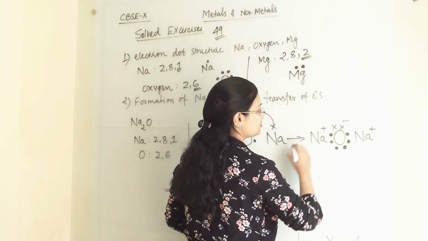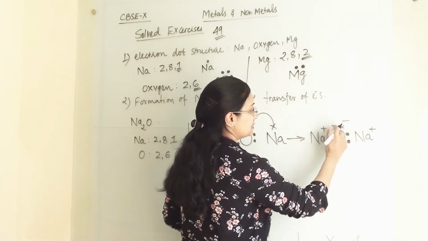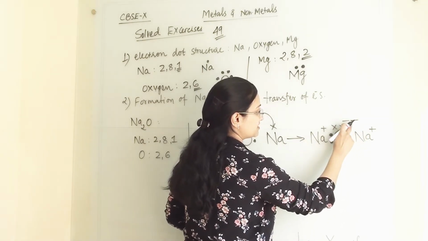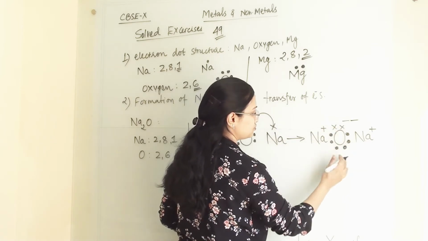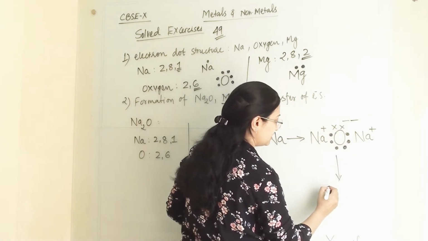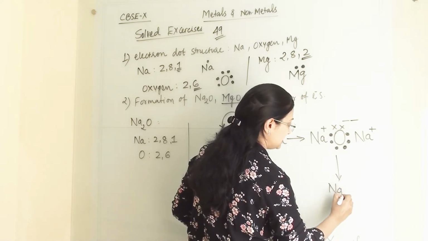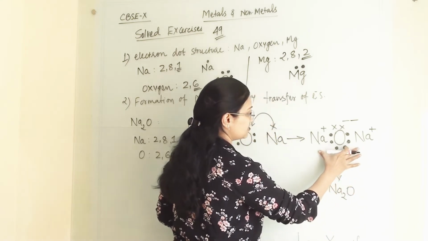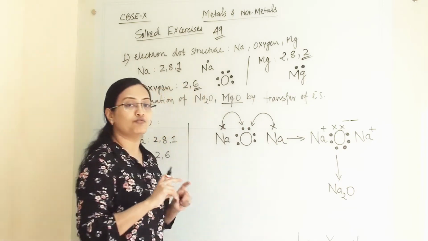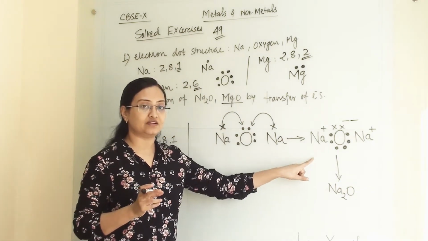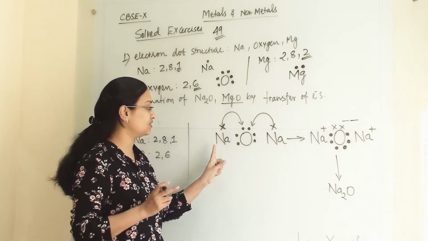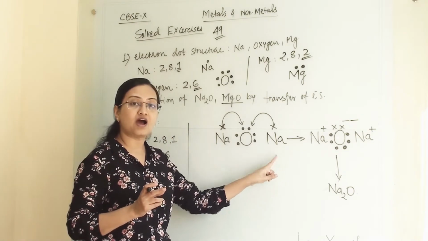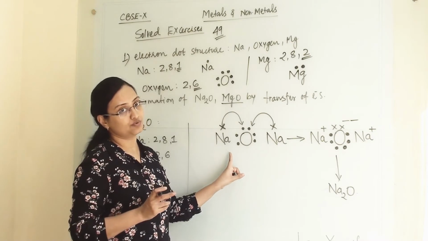This will become 2 minus because it has accepted 2 electrons from both the sodium. So this is how it is going to be Na2O. This bond has formed via transfer of electrons. And how many electrons have been transferred? 2 electrons have been transferred, and both electrons are from different sodium atoms.